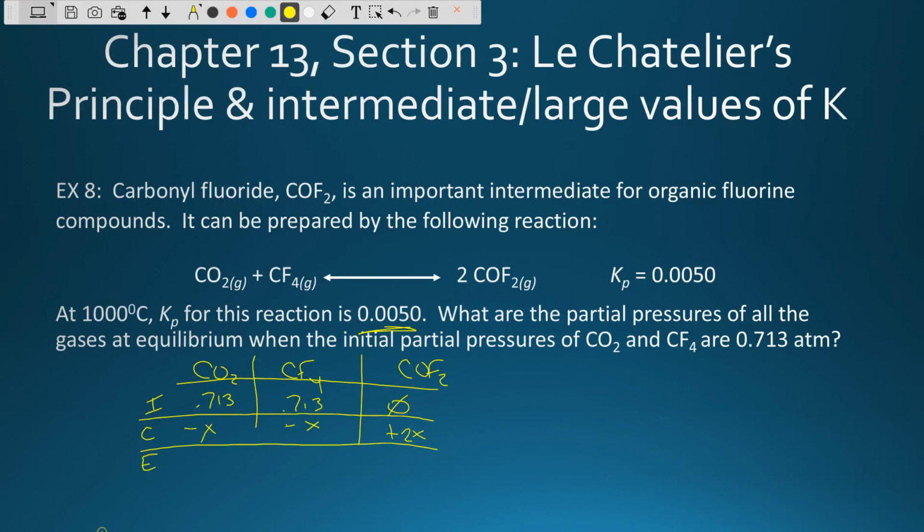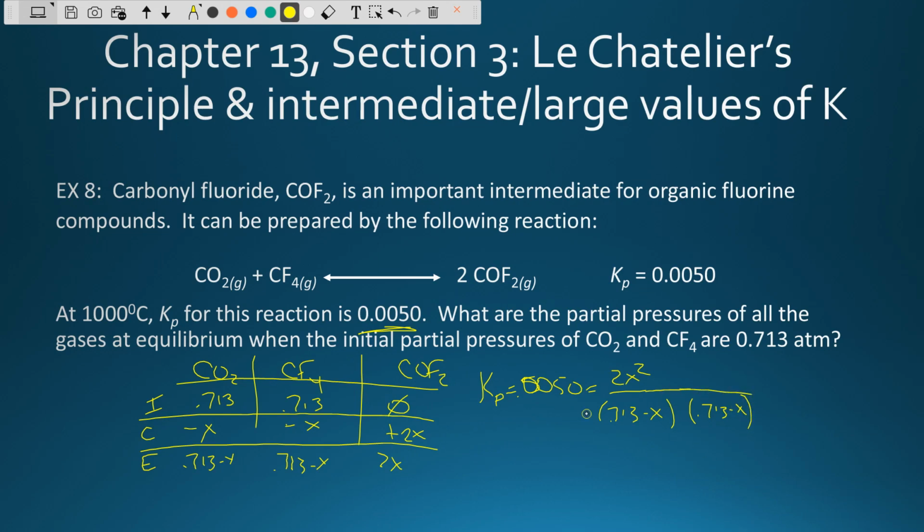Now, in the equilibrium row, I get 0.713 minus x, 0.713 minus x, and I see 2x. All right, so my Kp value we saw was 0.0050, which equals (2x) squared over (0.713 minus x) times (0.713 minus x).